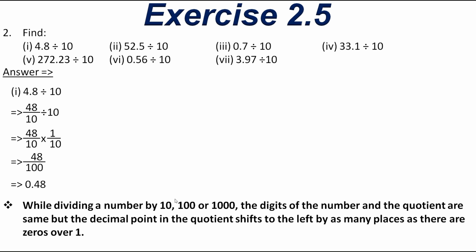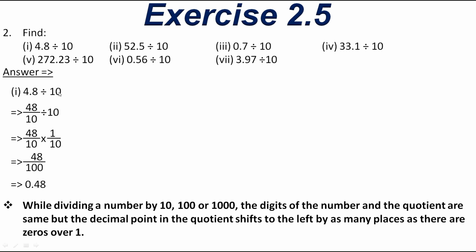See here, the digits are the same only. But the decimal point in the quotient shifts to the left by as many places as there are zeros over 1. That means the decimal point gets shifted towards the left by the number of zeros in the number we divide by. See here, we are going to divide the number by 10, right?